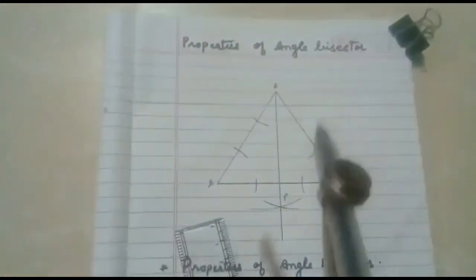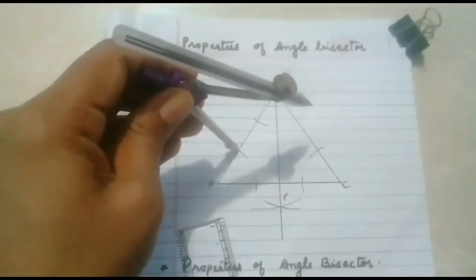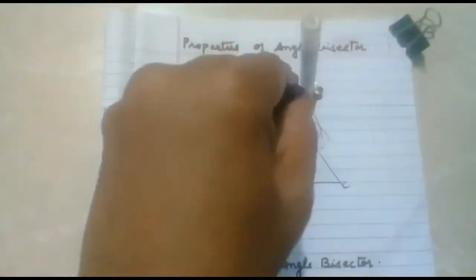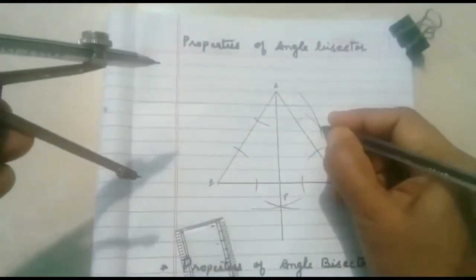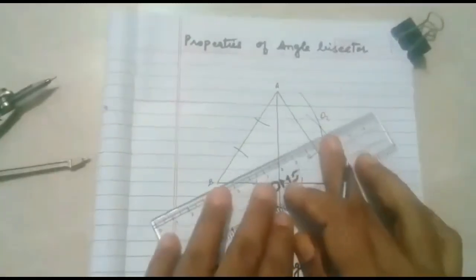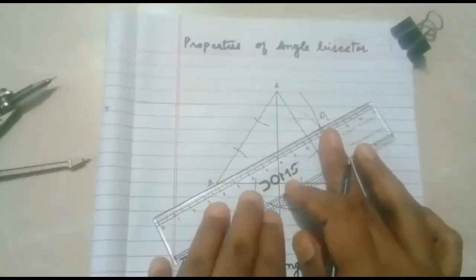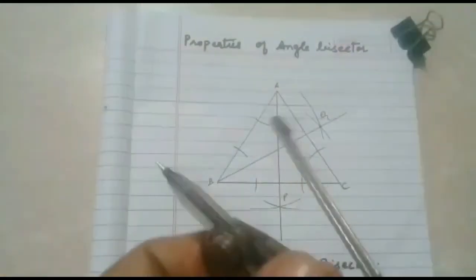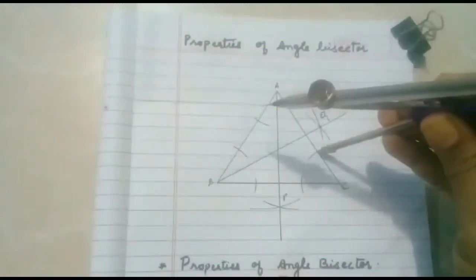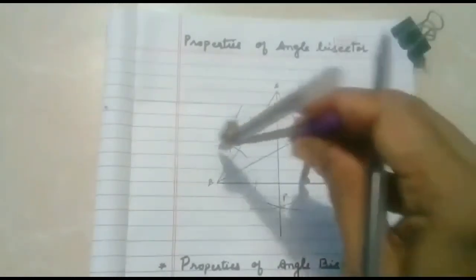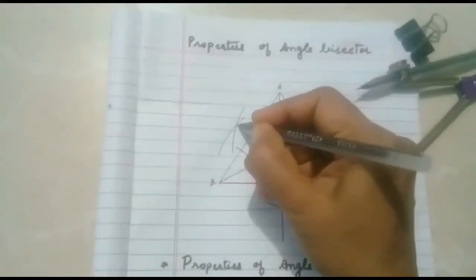P. The same way, without disturbing this, we are going to draw the angle bisector for angle B. Here cut an arc, and from here cut an arc. You will get a common point for this arc. Name the point as Q. Now we will join point B and Q. Now again, without disturbing this, draw an arc from here, and from this arc you will get a common point.